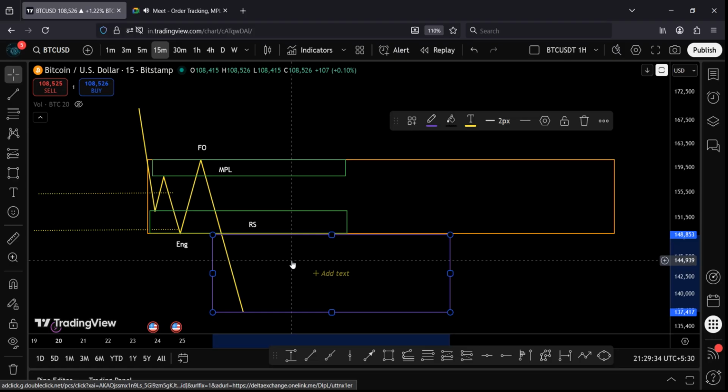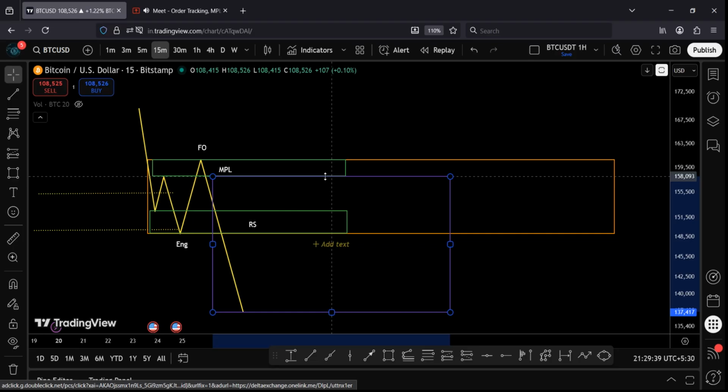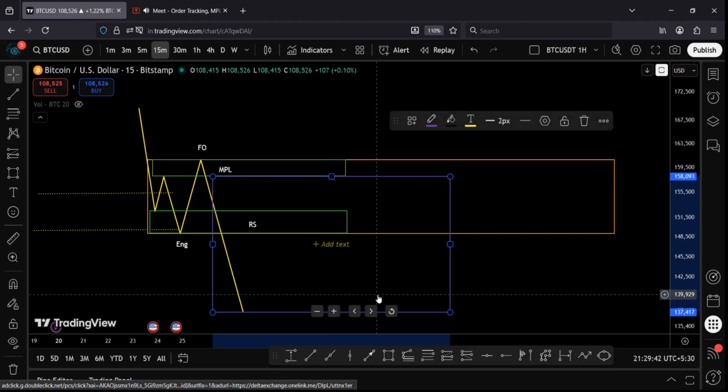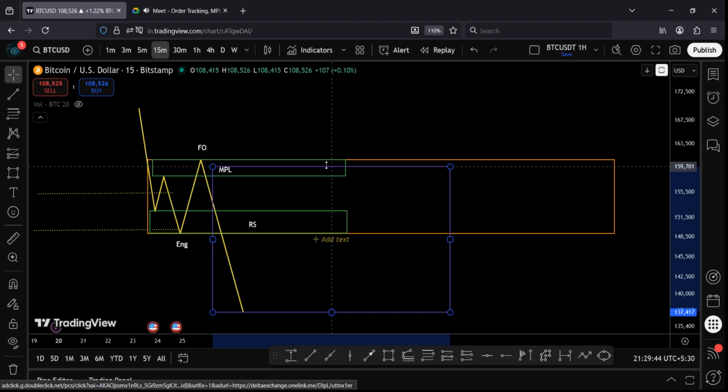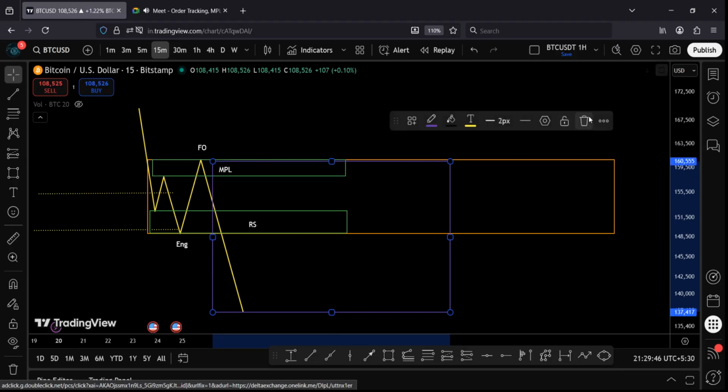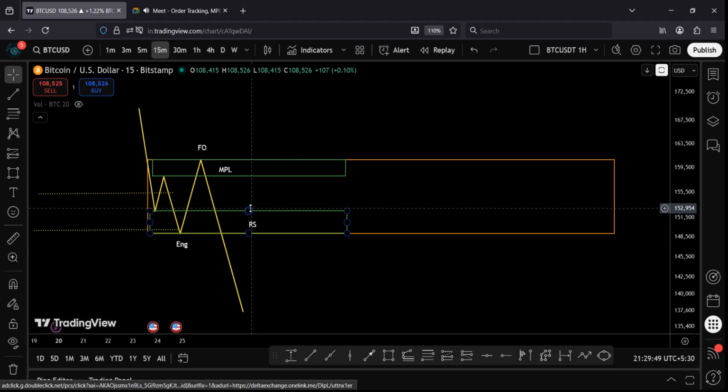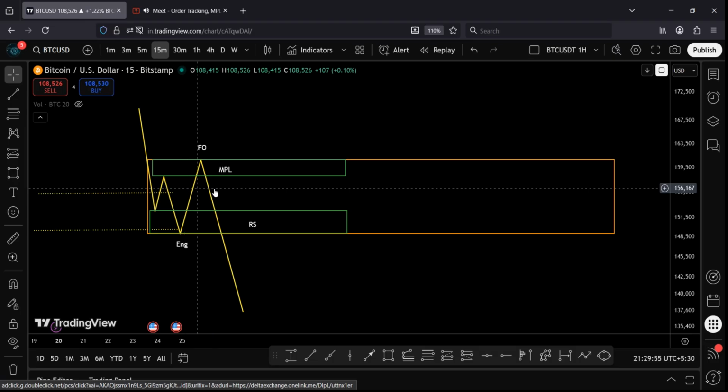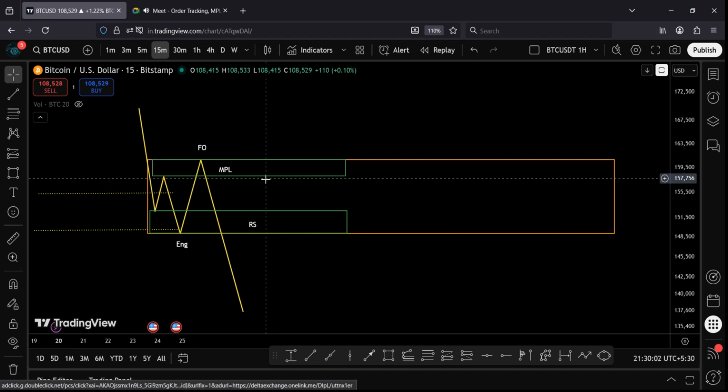But those who bought here are at a loss of this much or this much. So they are in the most pain and these are in less pain. There are also some guys in between who bought in the middle of these two. So the most pain is being borne by these buyers and the least by these.